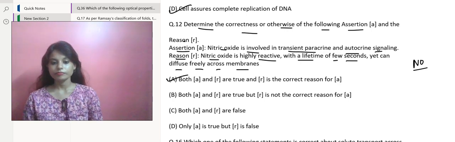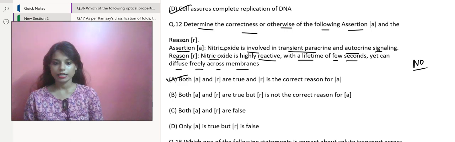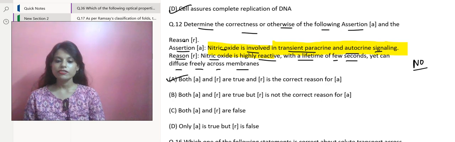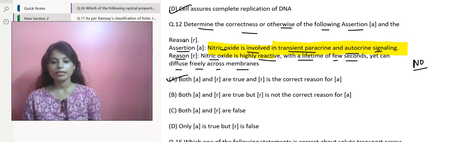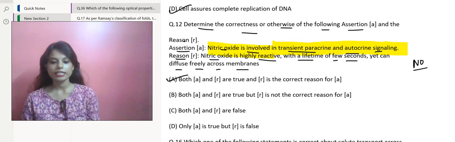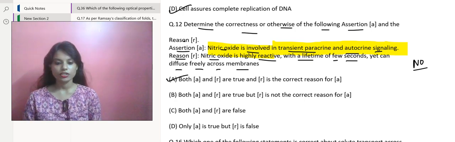Obviously the assertion is true, because nitric oxide is produced by various cells in response to various stimuli and acts locally on the nearby cells to regulate the cellular functions.